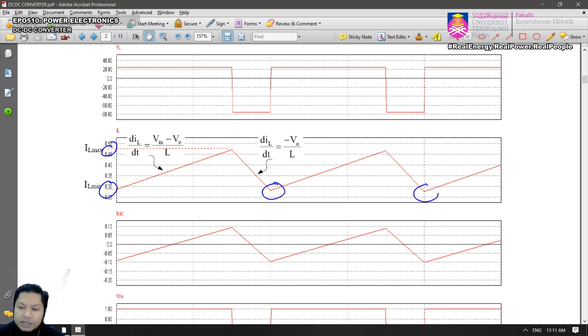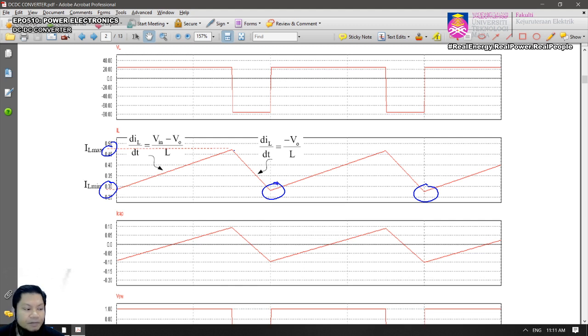Remember, we dealt with a rectifier, and there is an assignment for you. In a rectifier there is an intermittent, whereby the current goes to 0 and stays at zero level, zero current. But now, when we have a continuous current, there is no intermittent.